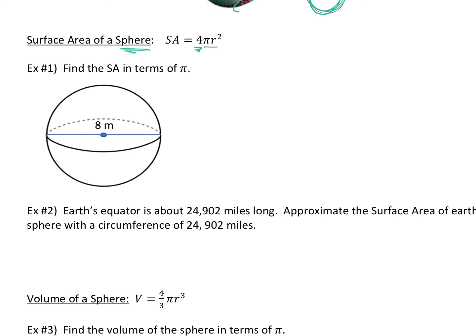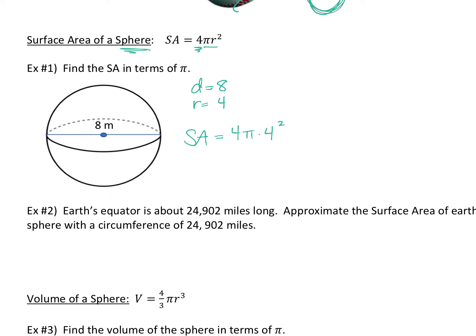So look at this picture. You have a radius or a diameter given to you? A diameter. So if my diameter is 8, then what's my radius? 4. So your surface area is going to be 4 times pi times 4 squared. Now, what are you going to plug into your calculator right now? Not that. 4 times 4 squared.